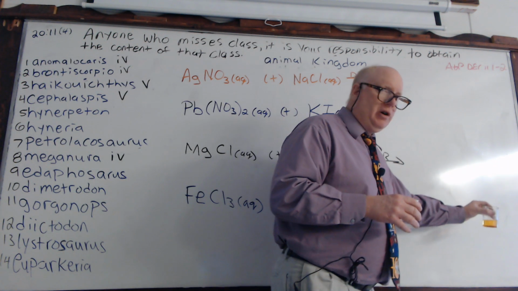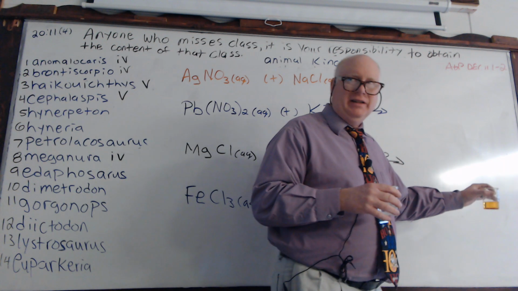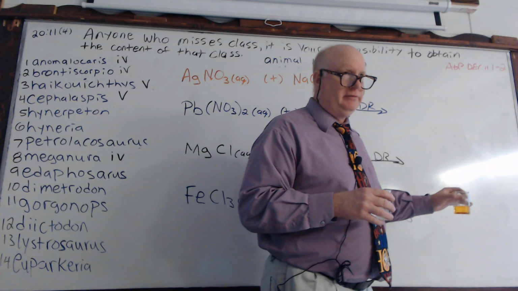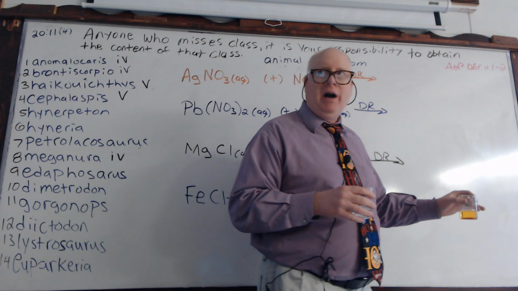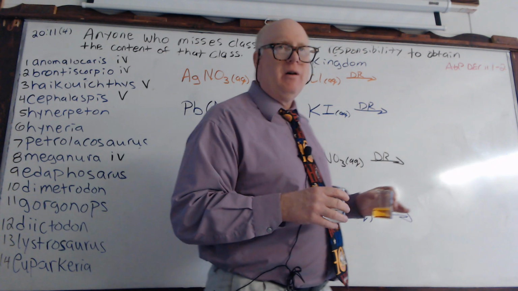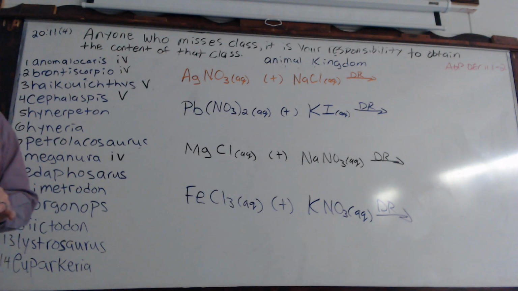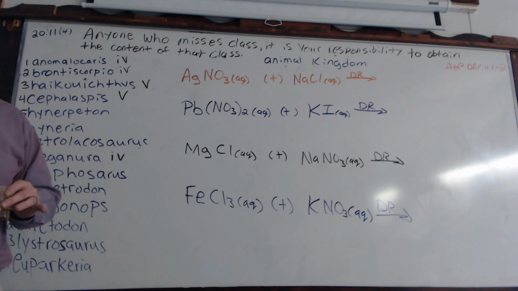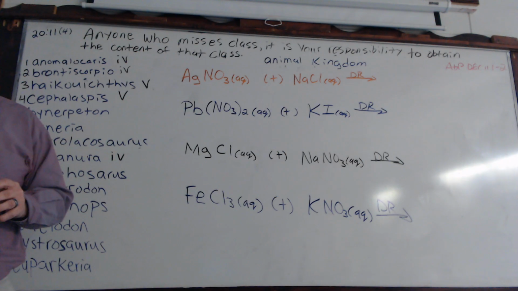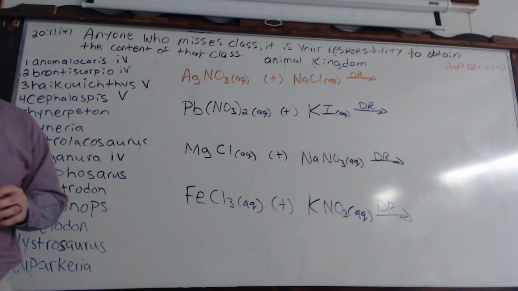So how do we know if a chloride is insoluble? If it's bonded to what? Hydrogen? No, not hydrogen. Silver, lead, and mercury. That's when it would be insoluble. Just the chlorine, we're just talking about the chloride ions.